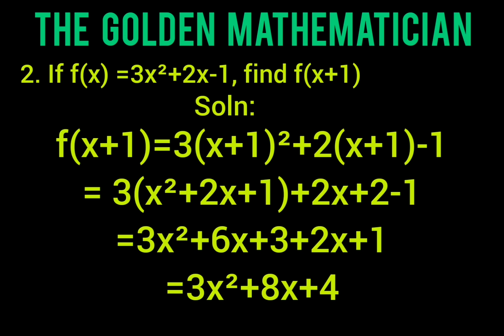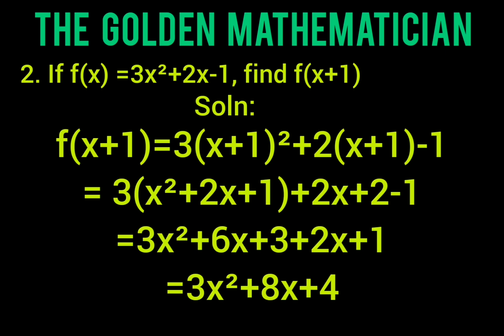So now we have f of x plus 1 is equal to 3 open brackets x squared plus 2x plus 1 close brackets plus 2x plus 2 minus 1. By opening the bracket, we would have 3x squared plus 6x plus 3 plus 2x plus 2 minus 1.